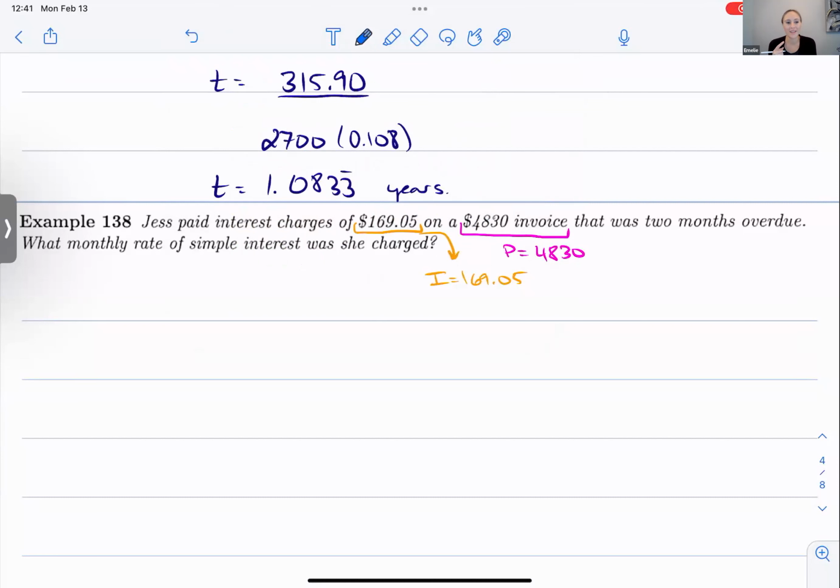And the 169.05 was after 2 months of interest, and so here, 2 months overdue. So T equals 2 over 12, 2 months out of 12 months in a year. I'll write that down.